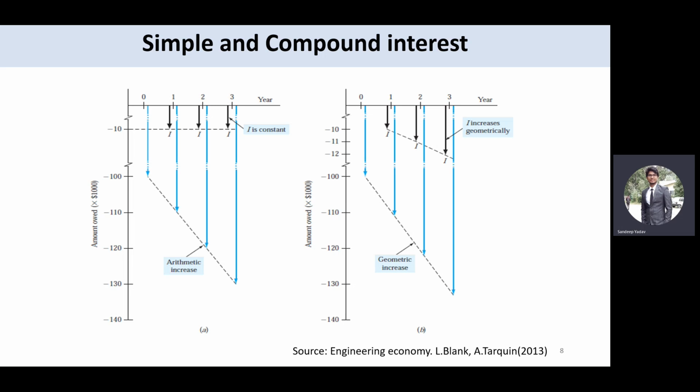It is not constant at 10% as it is in simple interest, it's getting increased. So the interest is also increasing geometrically, as well as the total amount owed. So this graph will show a geometric increase. That way we can see graphically how interest changes.